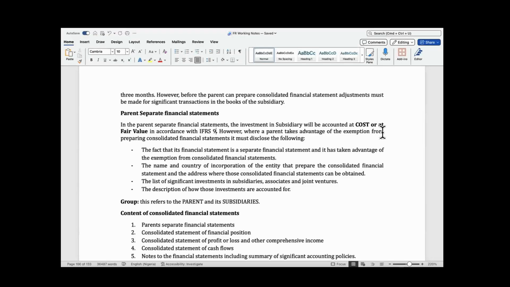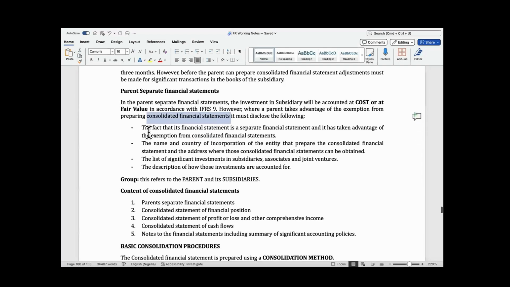And again, if you have subsidiaries and you decide not to prepare consolidated accounts, you need to make the following disclosures. I've seen this question before for 5 marks. If an entity decides to take advantage of the exemption, what are the disclosures it must make? Very simple and logical.